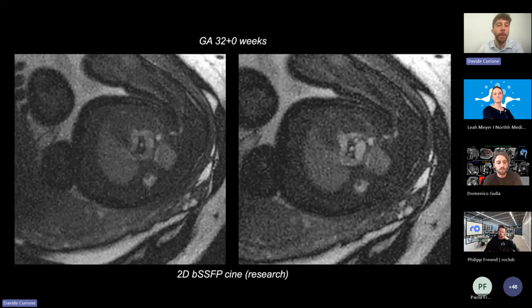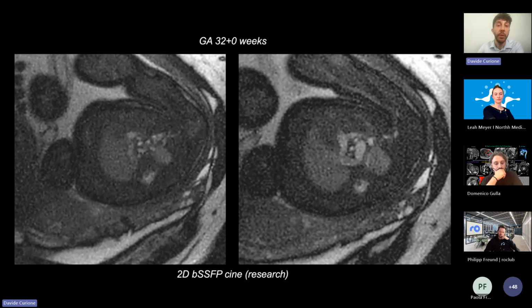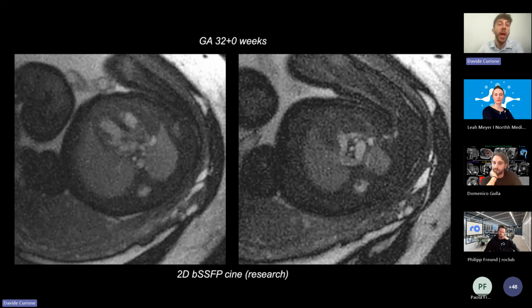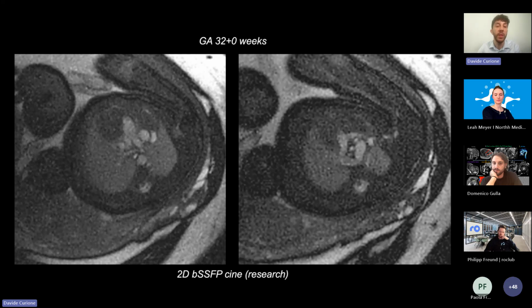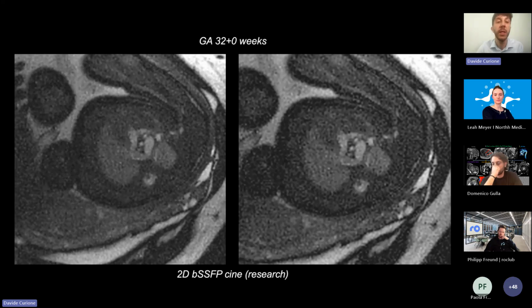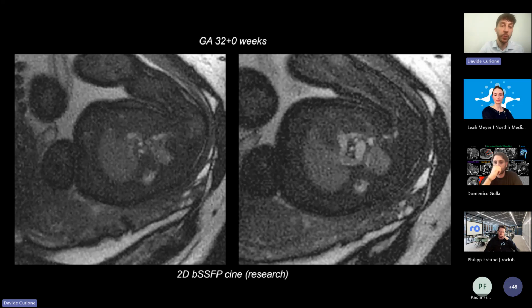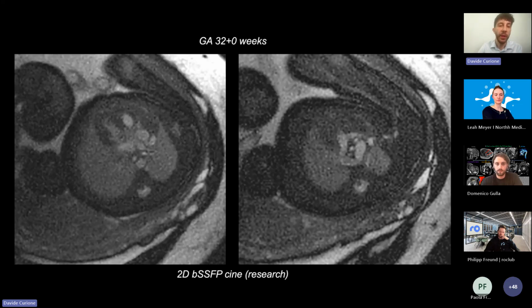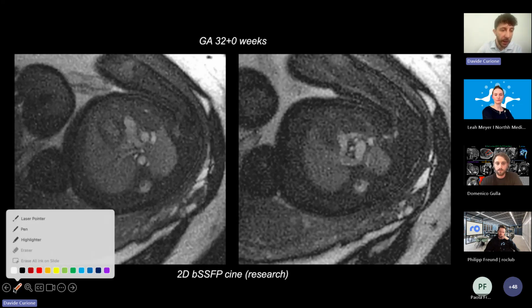This is one of our early vascular ring cases studied at 32 weeks of gestation. And this is an example of the cine images that can be obtained by sending the raw data to our partner center in Switzerland.